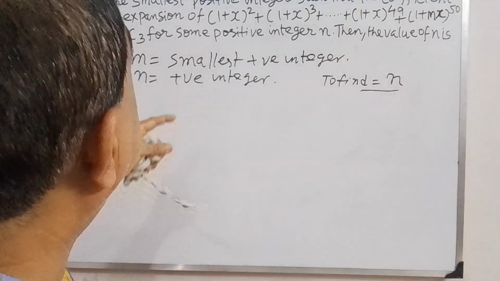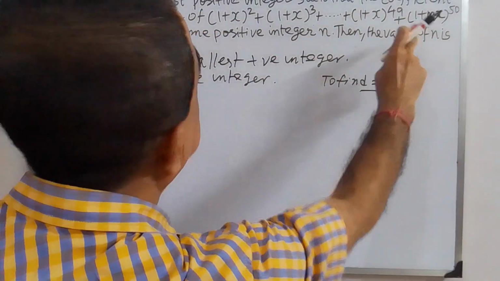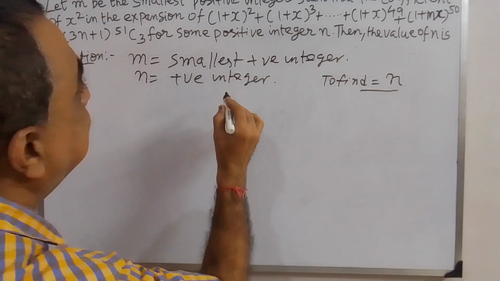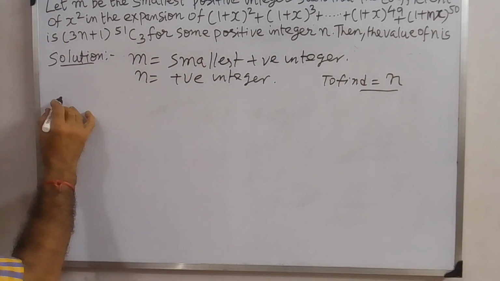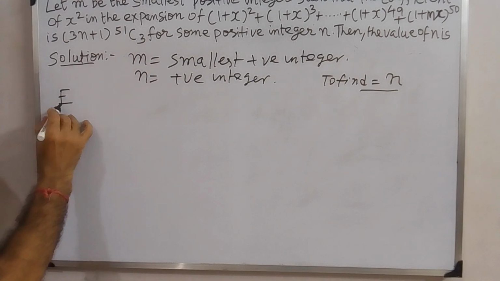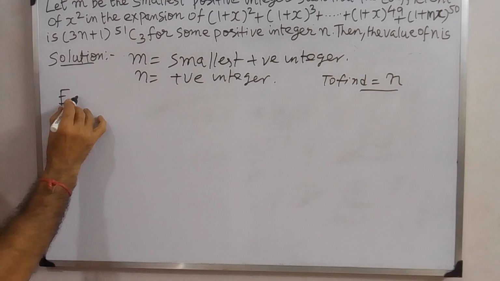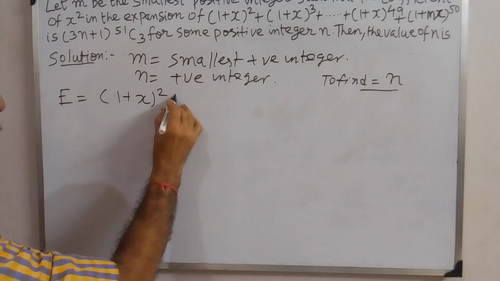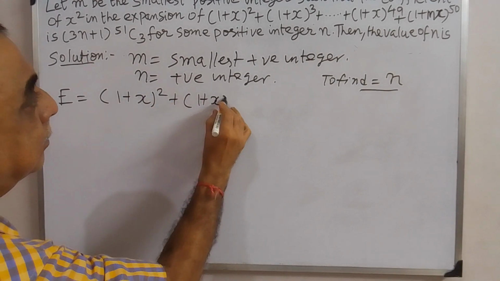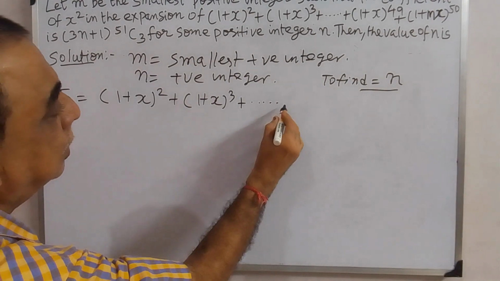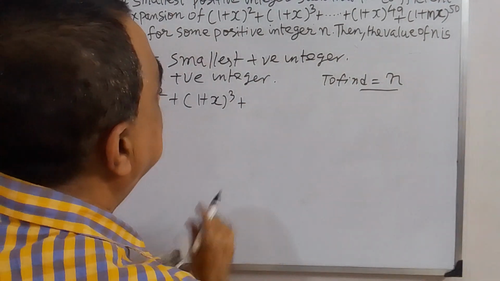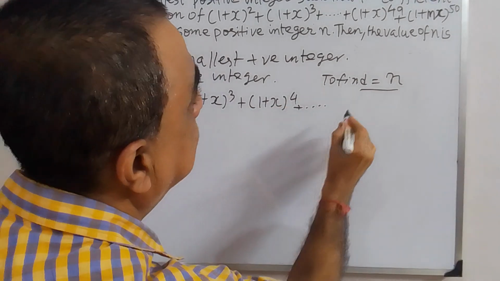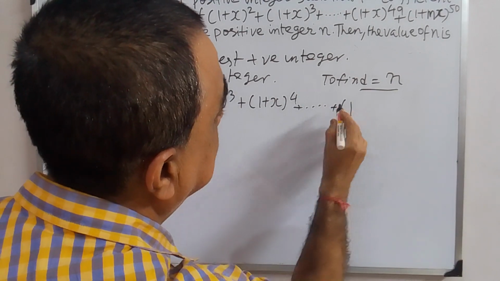Clear? Now there is an expression and an equation being given. I am denoting that expression by capital letter E. The expression is (1+x)^2 + (1+x)^3 + (1+x)^4 and so on, up to (1+x)^49 + (1+mx)^50.